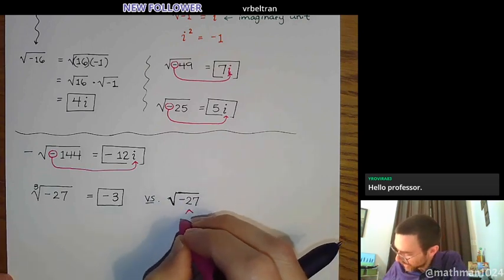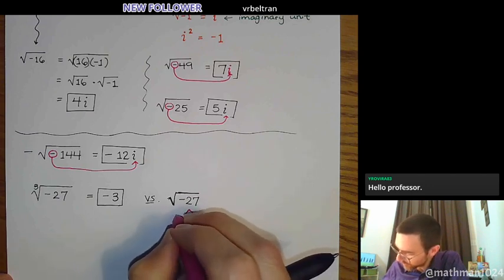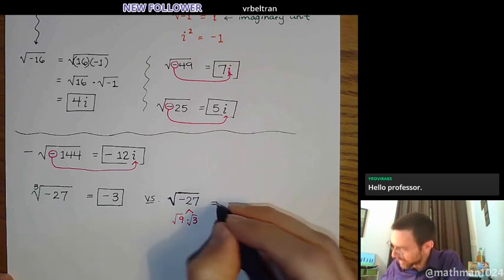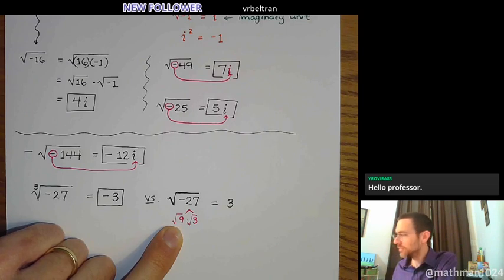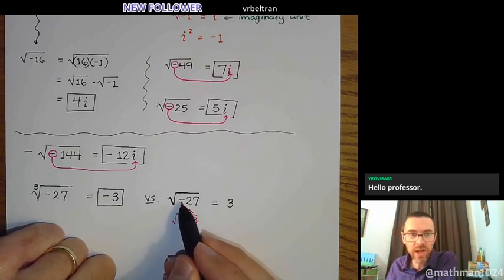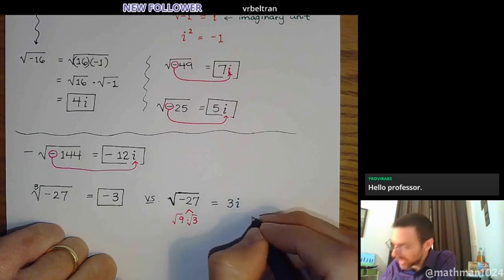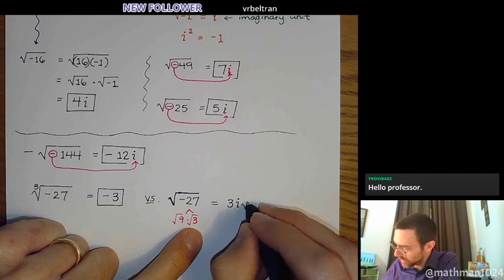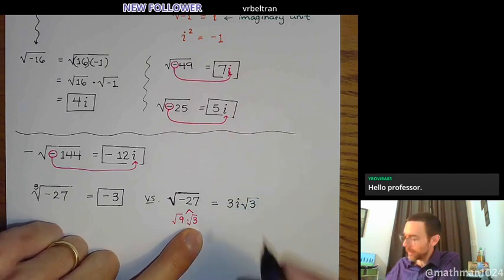So 27 can factor as 9 times 3. We look at the square root of each of these. So the square root of 9 is 3, and since I have the negative inside here, this negative inside is going to give me a factor of i outside the radical. And then I have the square root of 3, who's just going to be tacked on here at the end, because you can't do anything with that guy.